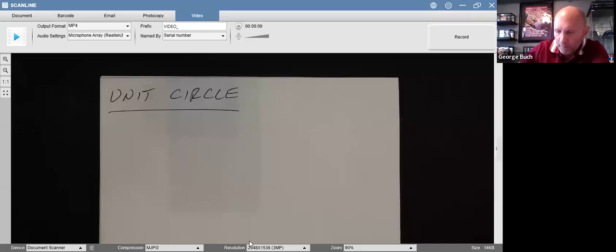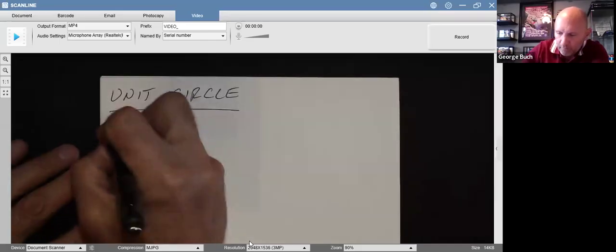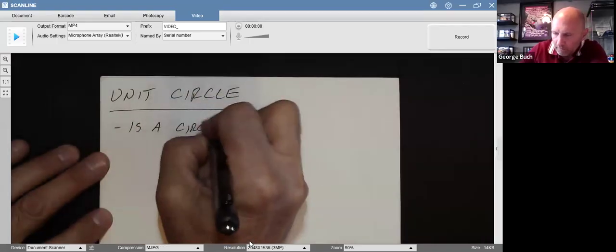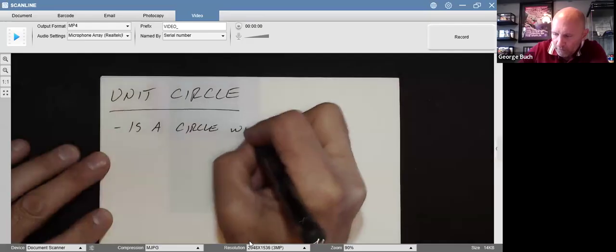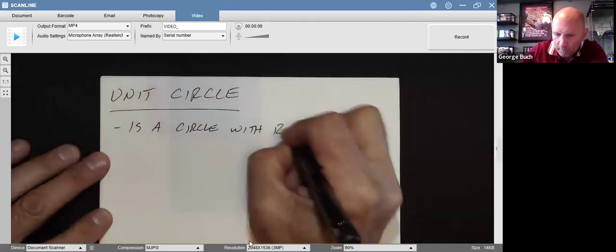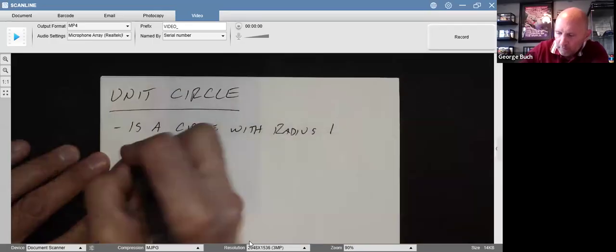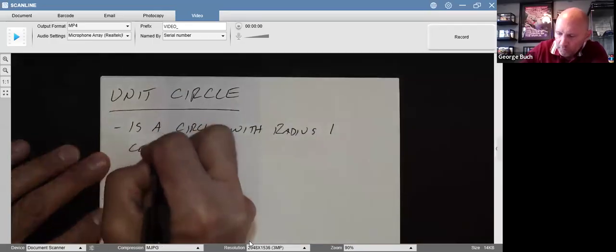The unit circle is a circle with radius 1 centered at the origin.